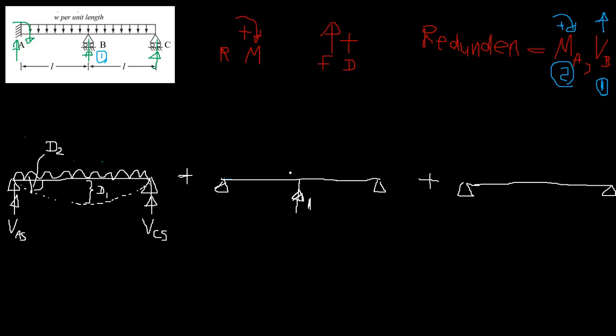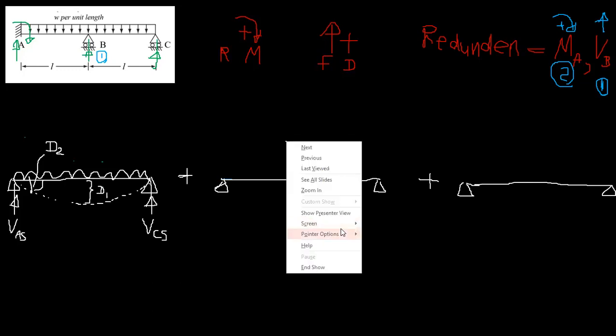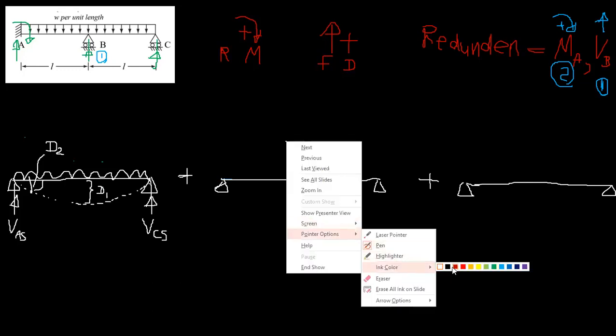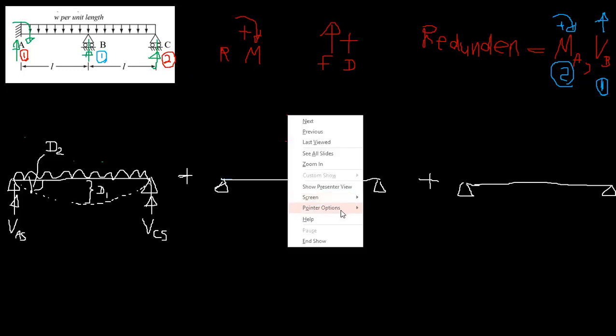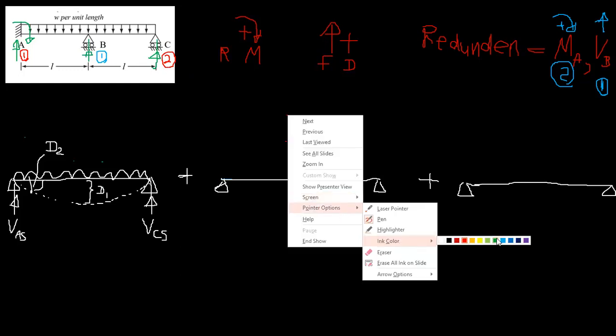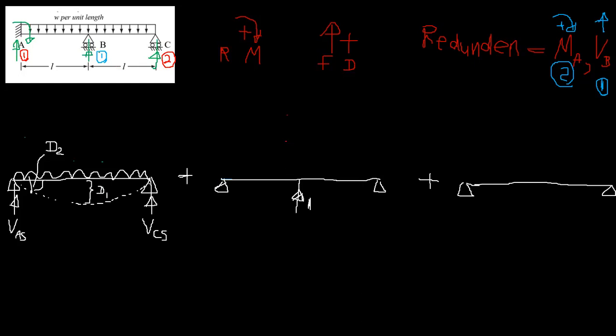So what are the actions we need? So if you remove these, right, the actions remaining are BA and BC. So I'll call this the first action, and this is the second action, right? So this is the first redundant, right?